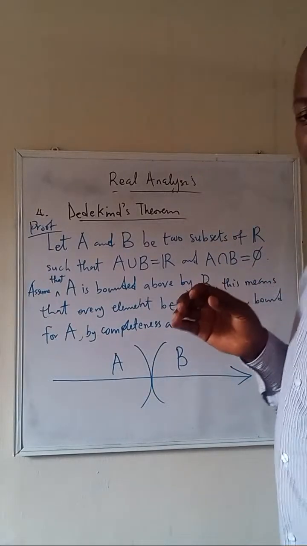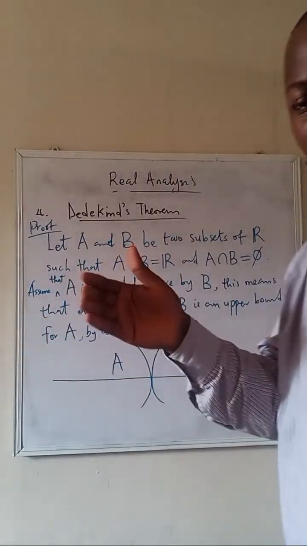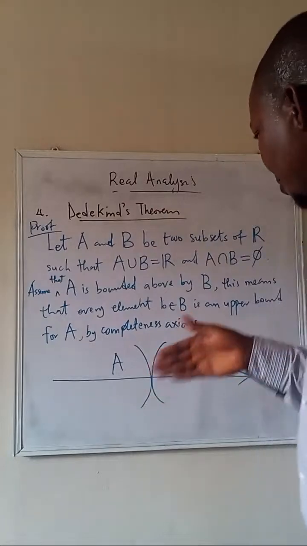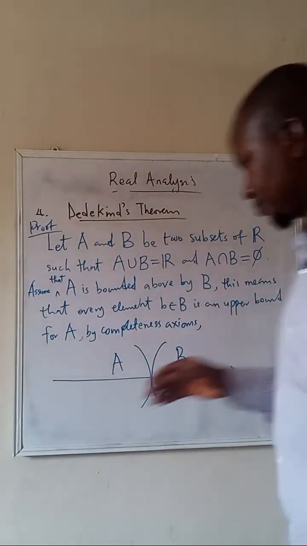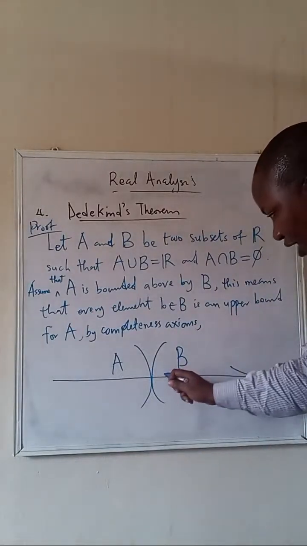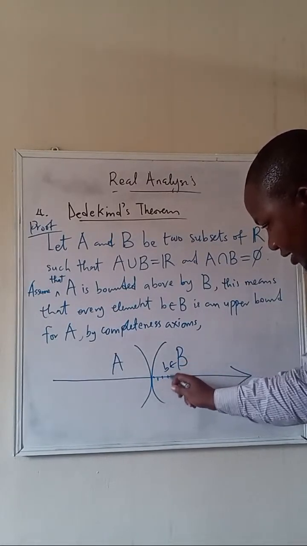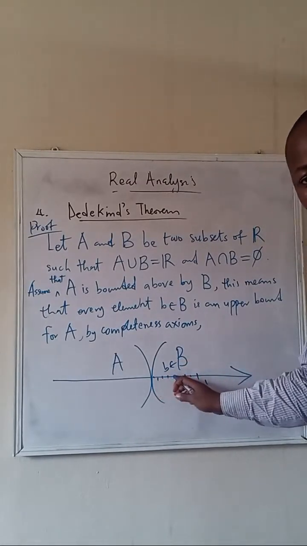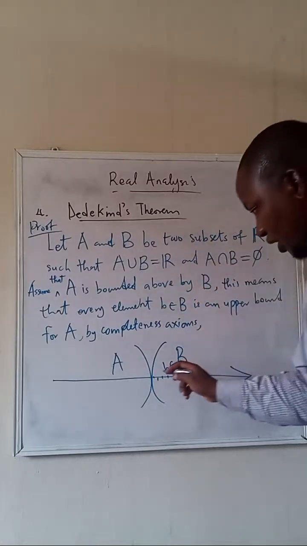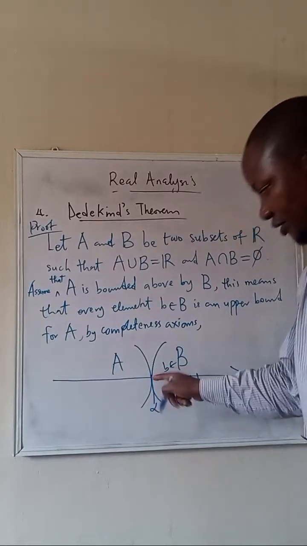If there is a set that has an upper bound, that set must have a least member called the supremum. These are elements here, elements b. Among them, there is a least member. Because I'll be using alpha in the definition, I'll call the least member of this alpha, and that alpha is nowhere but here.